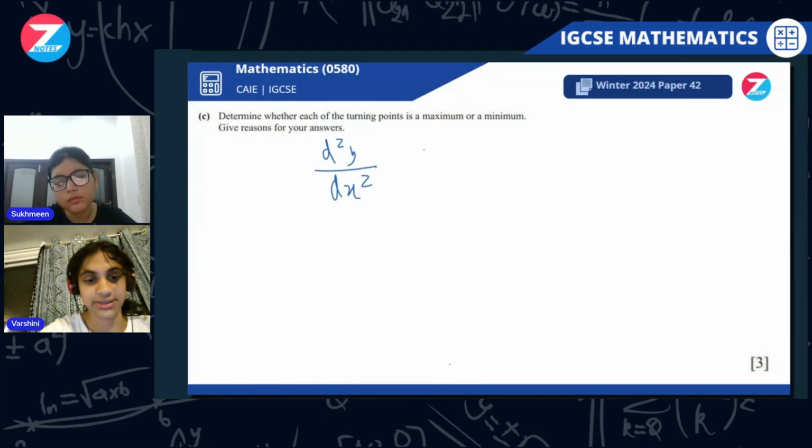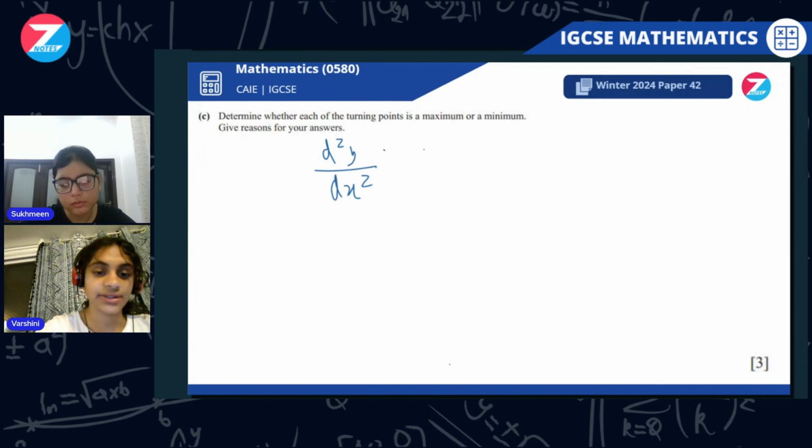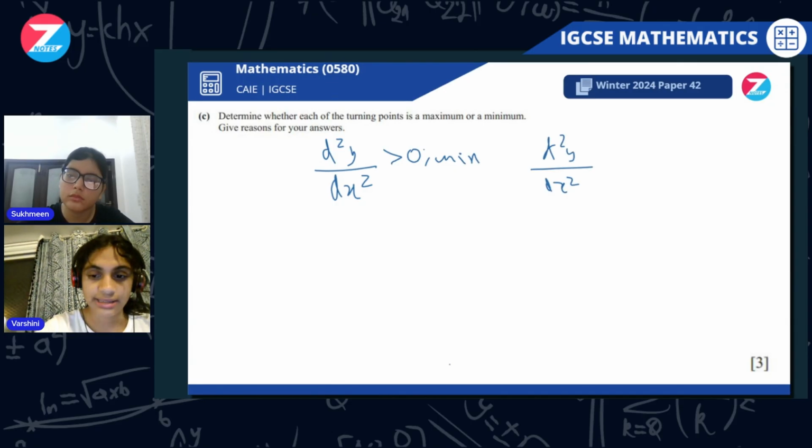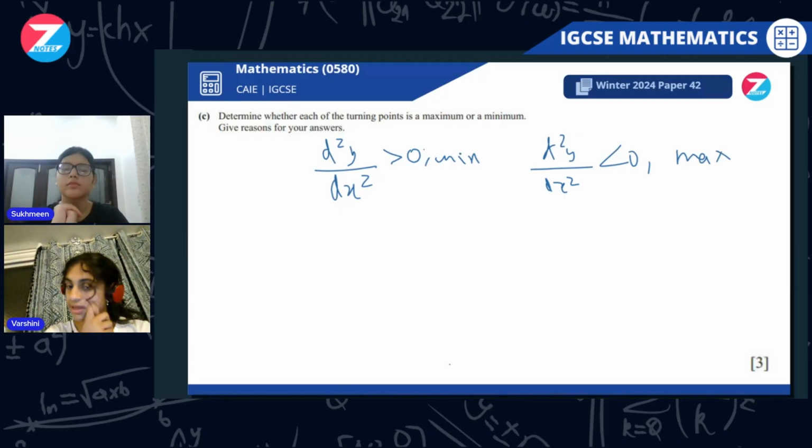Substitute in both of your x values, and if it's greater than 0, the point is a minimum, and if d squared y by dx squared is less than 0, the point is a maximum.